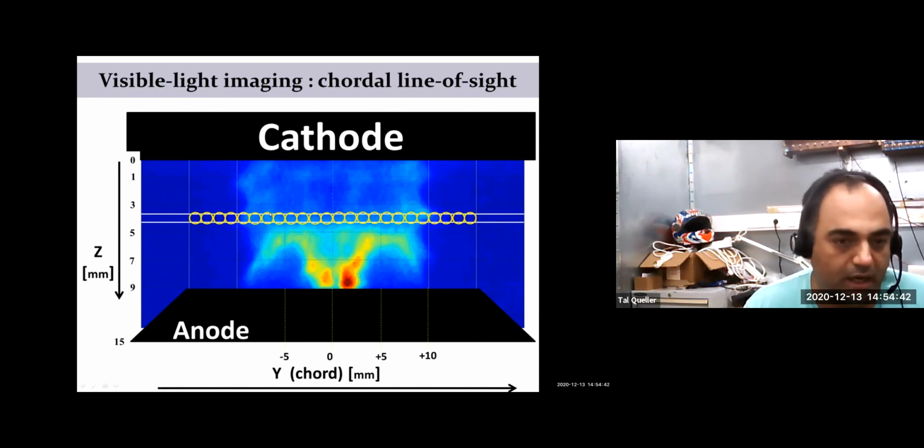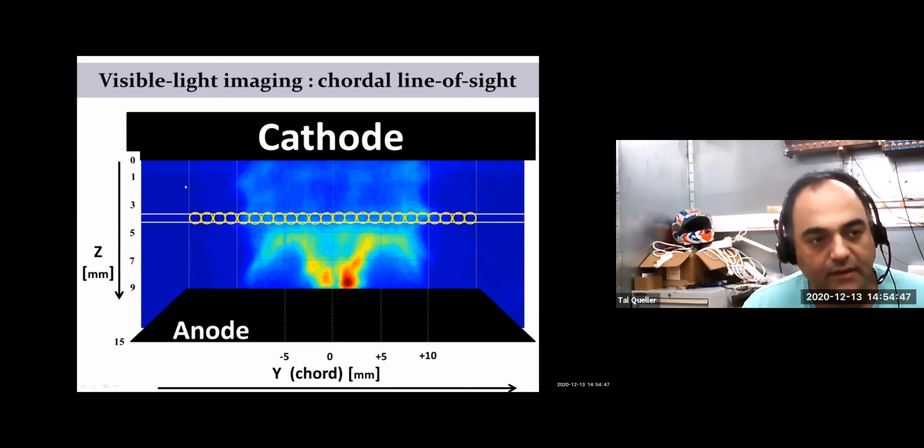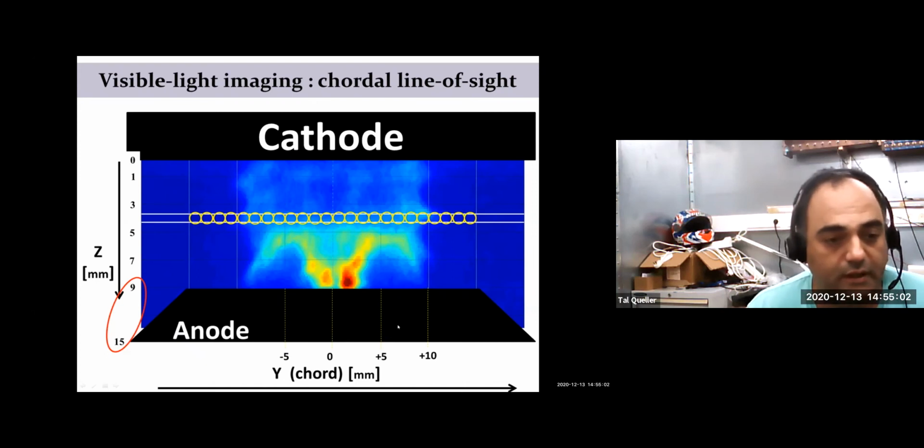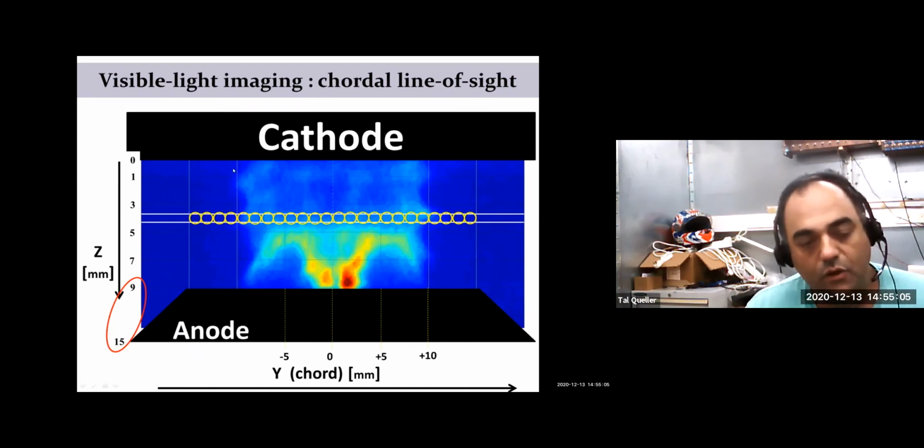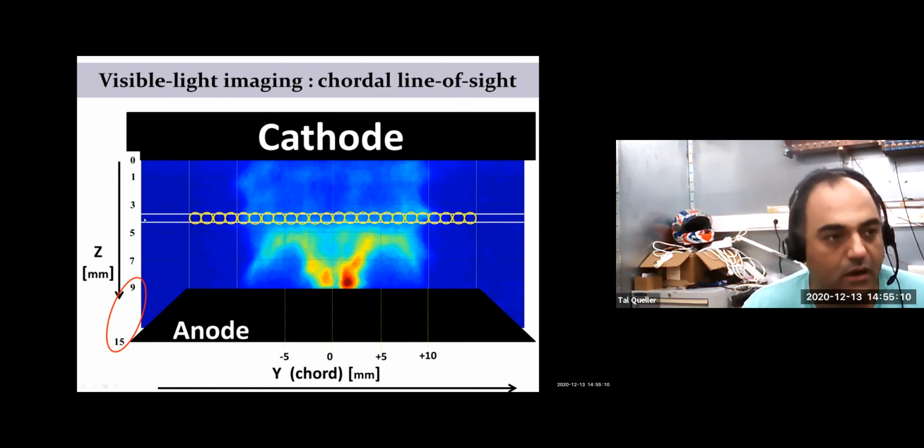So we combine these two measurements, and the main thing I'll show you today is the measurements in the Z positions, now circled in red, 9 to 15, which were not measured until now, and always gave us some doubt about our conclusions. Now, since we measured them, we have very little doubt about our conclusions, which I'll talk about.